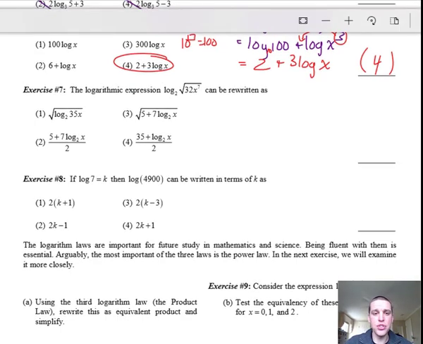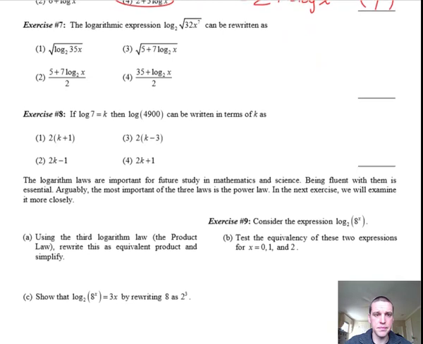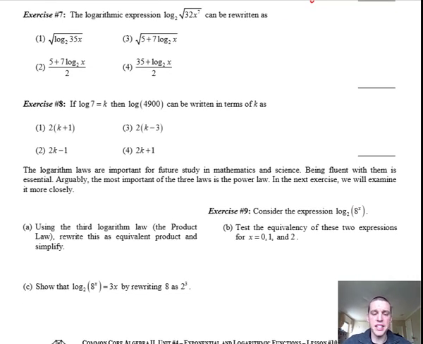Moving on to the last two examples here. Now, exercise 7. I notice here that I have a square root over the entire thing. So I can rewrite this as log base 2 of 32x to the 7th, all raised to the 1/2.